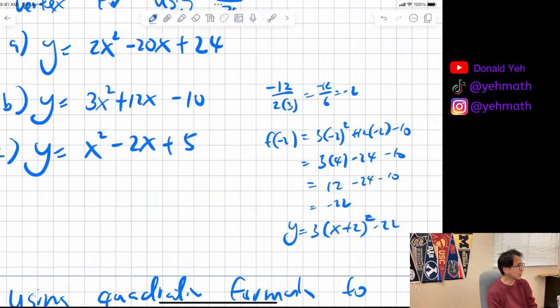That's what I got. Now, how do you know it's right? Desmos. You check. You graph one thing, you graph the other thing. See if it matches. If it matches, then you did it right. If it didn't match, that means you did something wrong. Yes.